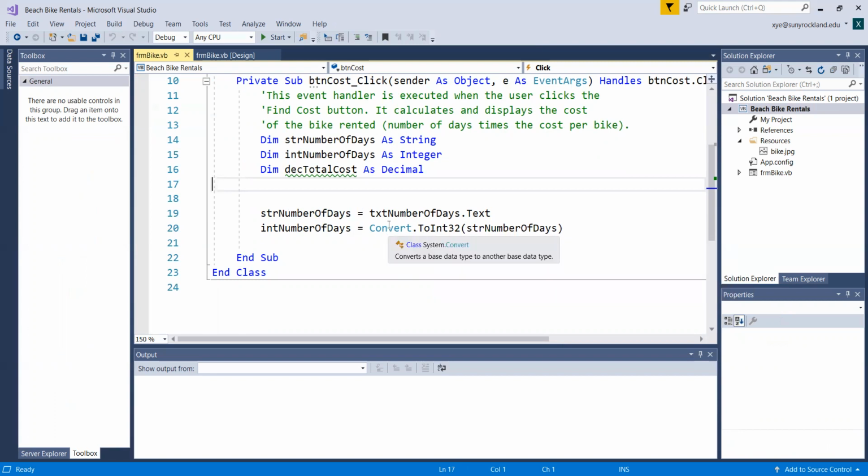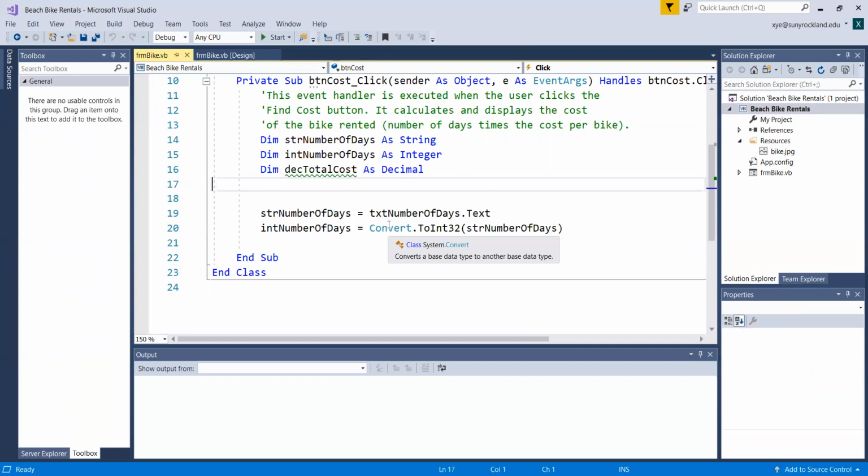Convert is a class in the library. No matter what high level language you use, they always have a library which contains existing code from users. Because we have many users in the whole world, they might write different code, and they want everybody else to just borrow and use it.